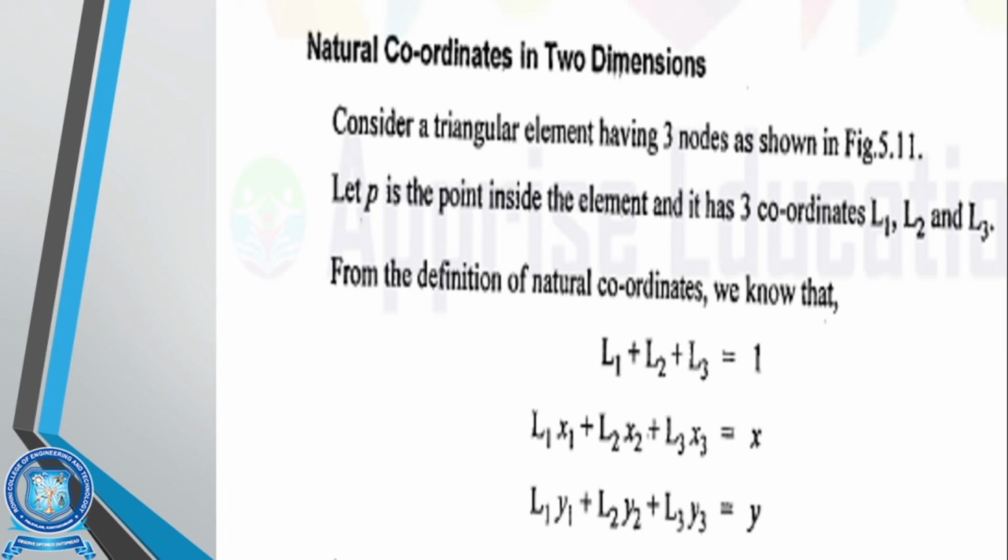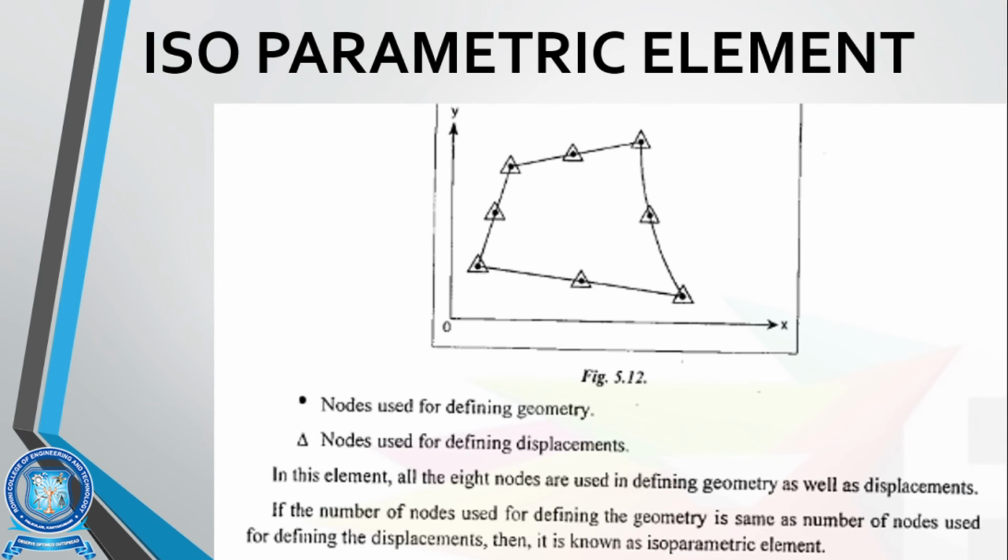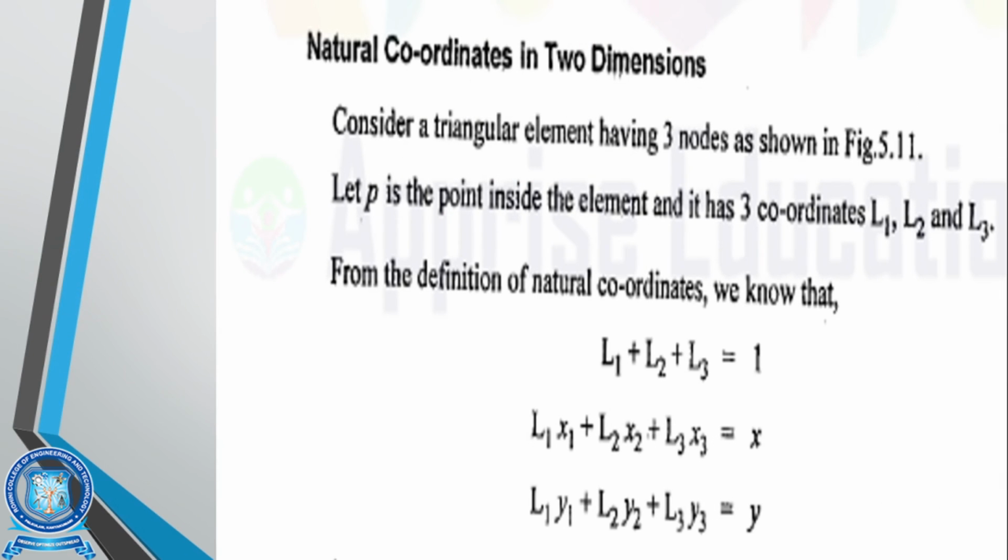From the definition of natural coordinates, we know that L1 plus L2 plus L3 is equal to 1, L1 x1 plus L2 x2 plus L3 x3 is equal to x, and L1 y1 plus L2 y2 plus L3 y3 is equal to y. So this is the extension of natural coordinates from 1 dimension to 2 dimensions.